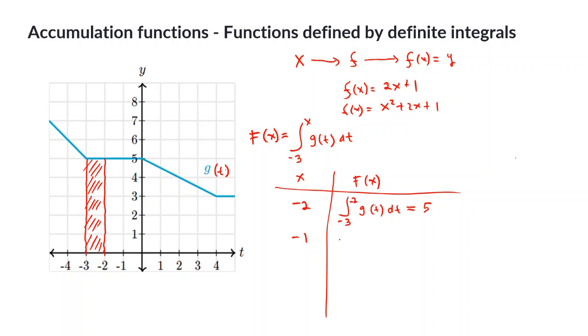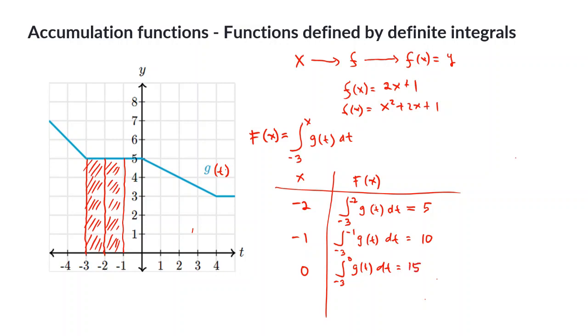It's the integral from -3 to -1 of g(t) dt. So basically it is 5 plus 5, which is equal to 10. And what will be F(x) if x equals 0? It's the integral from -3 to 0 of g(t) dt, which is 15.